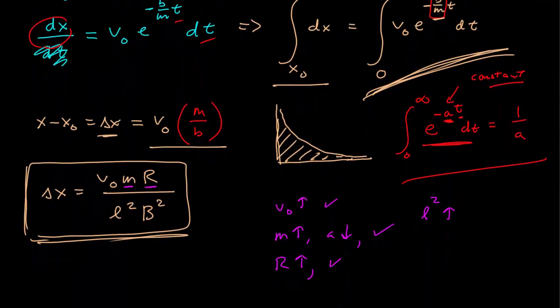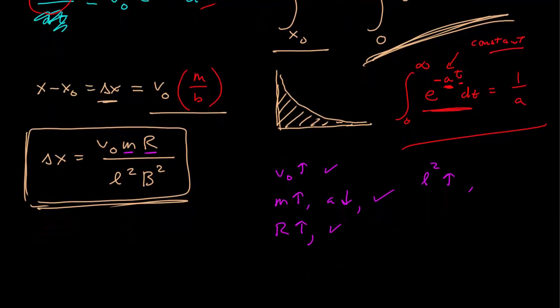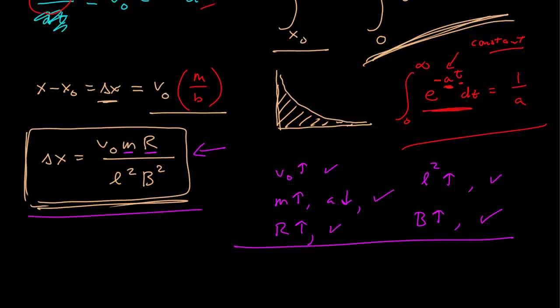So for the same mass and the same resistance, if L goes up, the force goes up, and the distance traveled goes down, and that makes sense. And of course, if B goes up, the force goes up, and your distance traveled goes down. So sort of doing our check, does this make sense to how we expect things to happen? And it does. That's an important thing to do.